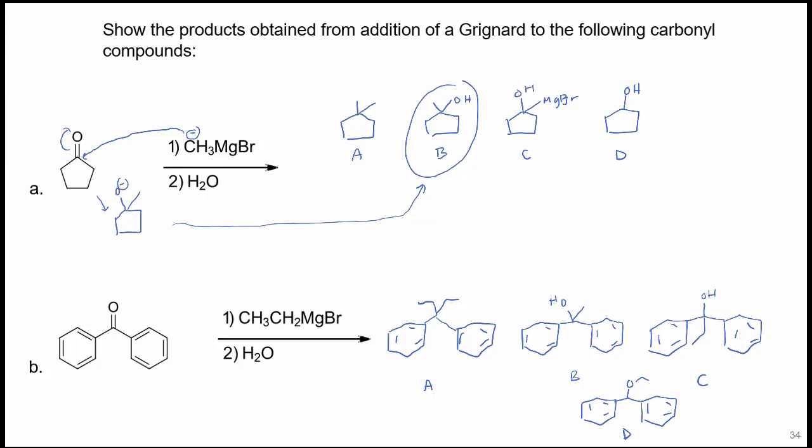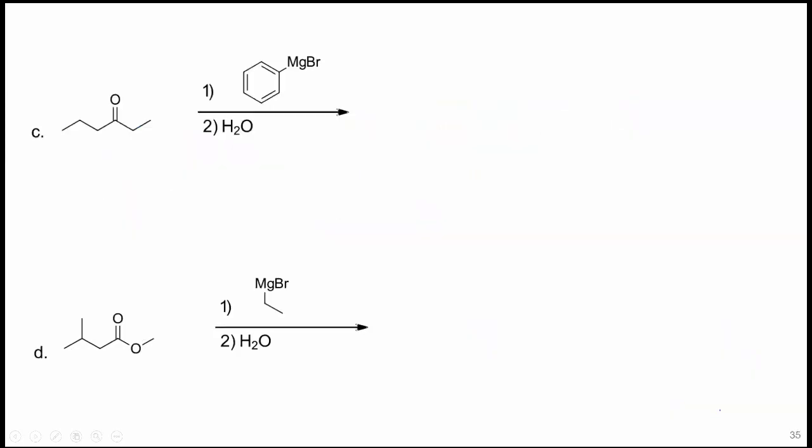All right, good. So most of you that voted here said C, and that is the correct answer here as well. So we're just going to add one CH2CH3 group, and then we get the tertiary alcohol there. All right, what about C and D here? What is our product going to be for C and D?